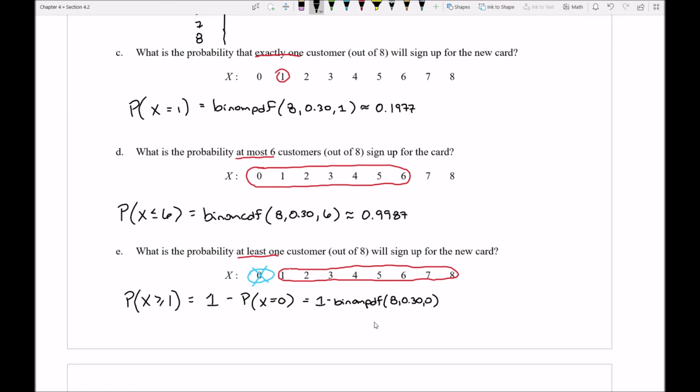So I could go ahead and type all this into my calculator, and if I did, I'd end up with a final value of 0.9424.